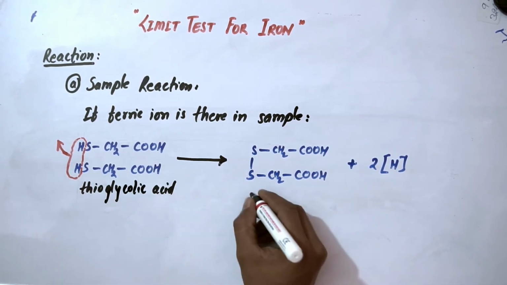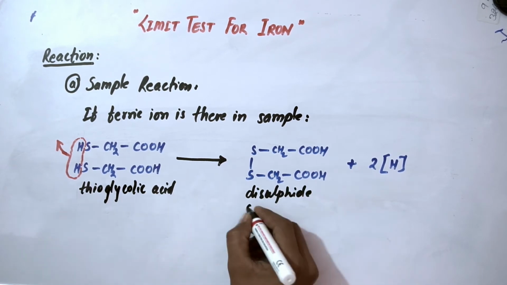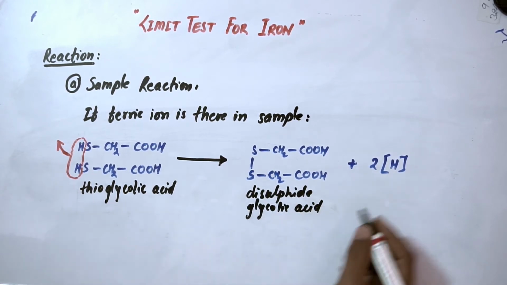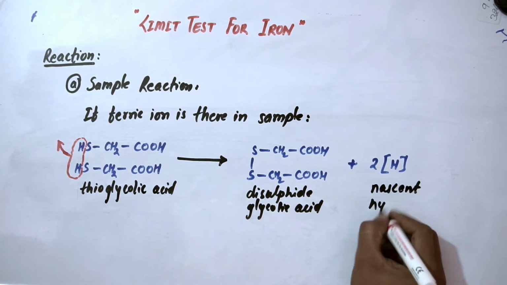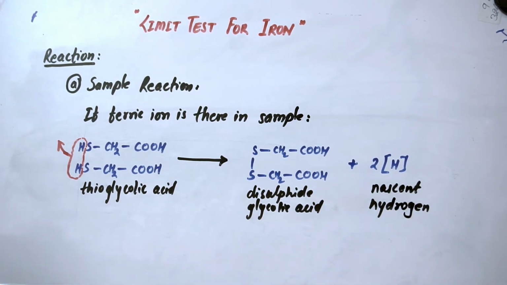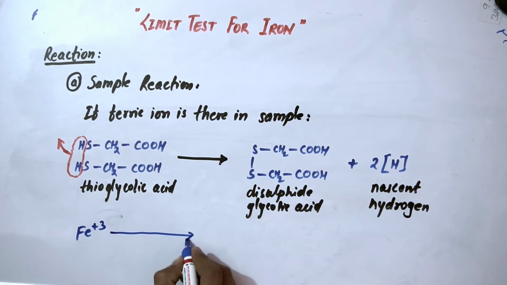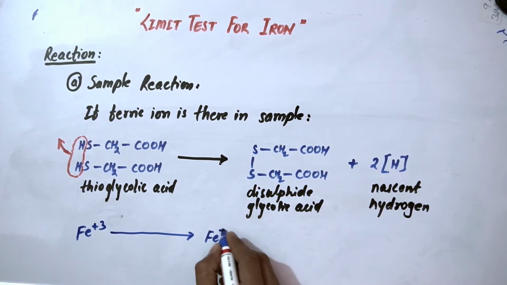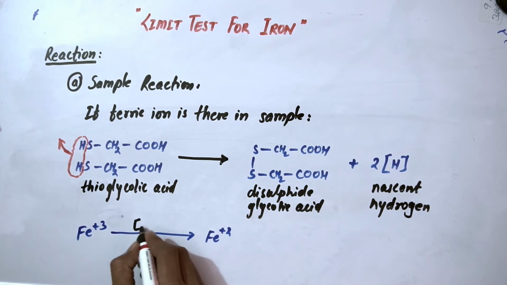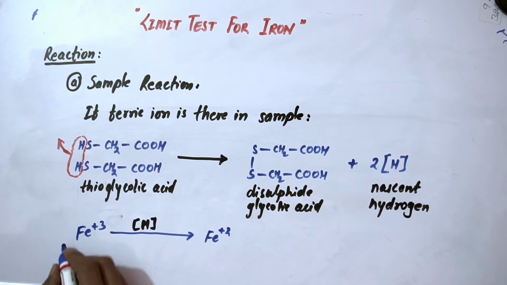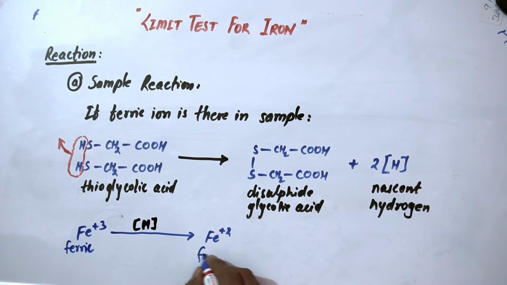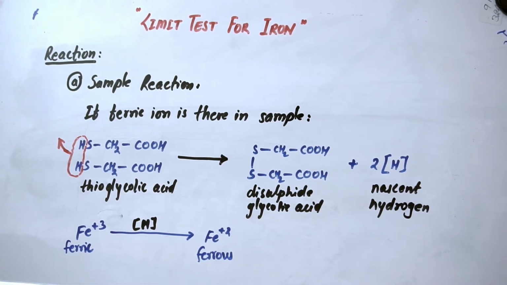So this is thioglycolic acid, this is disulfide glycolic acid, and this is nascent hydrogen. Now if ferric ion is present in our sample, it will reduce to ferrous in presence of nascent hydrogen, and this ferrous will react in the same manner we have already seen.